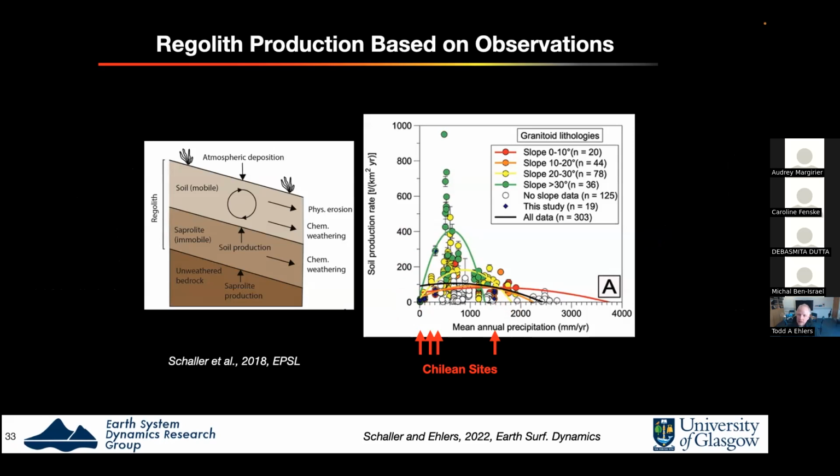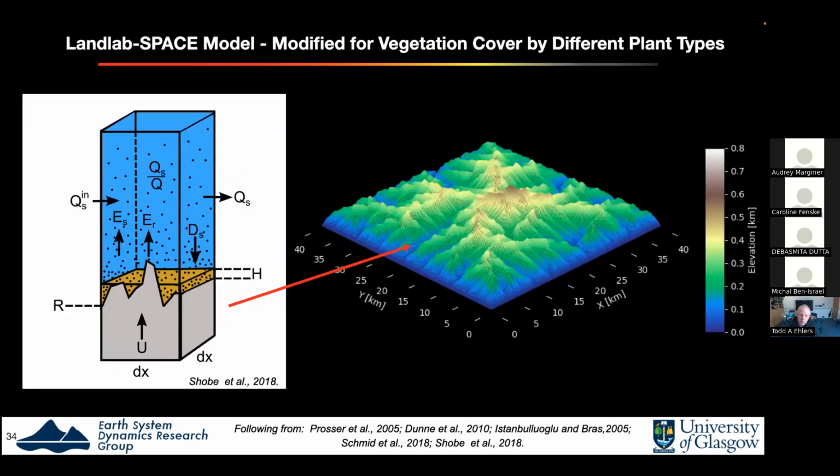Then the landscape evolution component of this, we're working now with the LandLab SPACE model. Many of you have probably heard of LandLab. The SPACE component handles sediment deposition and entrainment. And the basic idea here, for those of you not familiar with how these work, is that when you have a landscape like this, it's discretized into a variety of different cells here. And within any given cell here, we're looking at the conservation of mass.